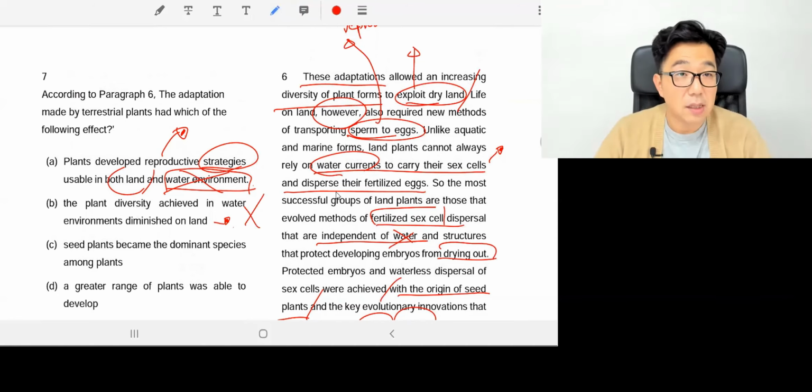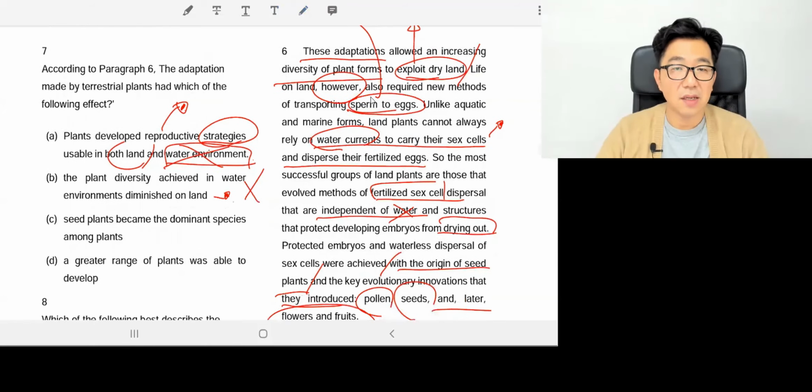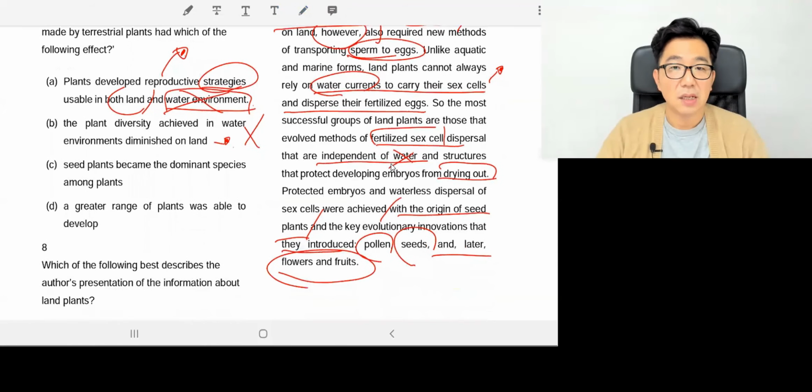C: Seed plants became the dominant species among plants. Maybe, but does the passage say that? I don't think it says that. It just says protected embryos and waterless dispersal of sex cells were achieved through the origin of seed plants.